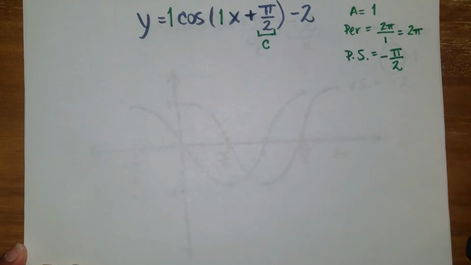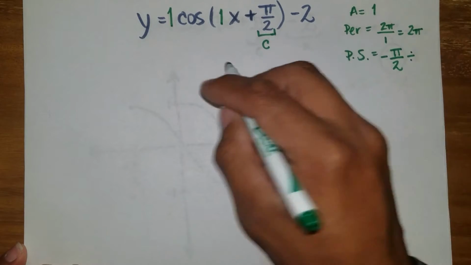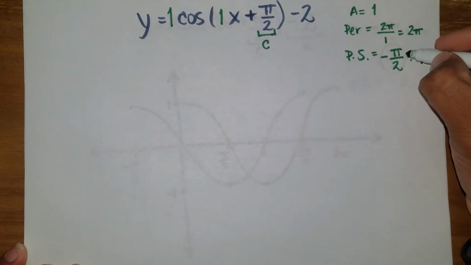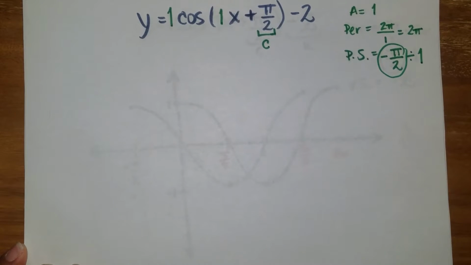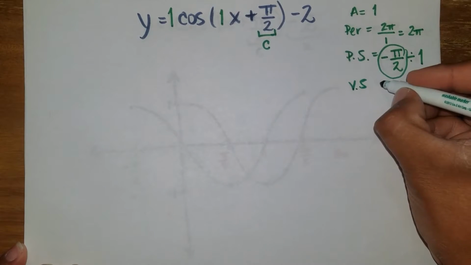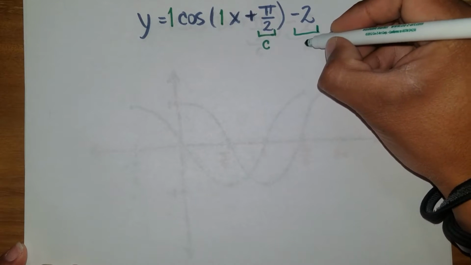Of course we divide c by b, and b is 1, so our phase shift is negative pi over 2. Now we look at the vertical shift. Here we notice we actually do have a k in this problem, and k is given by negative 2. Therefore, the vertical shift will be 2 units down.